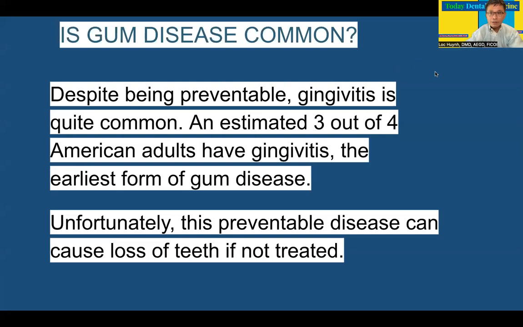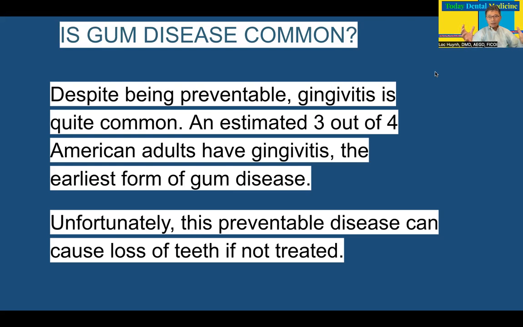Is gum disease preventable? Yes, it is preventable in the early stage. The early stage of gum disease is called gingivitis. It is a common problem, affecting 3 out of 4 people. That is the earliest stage of gum disease. Gingivitis is common, but it is not usual for it to turn into serious gum disease.